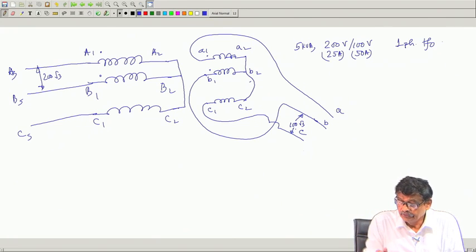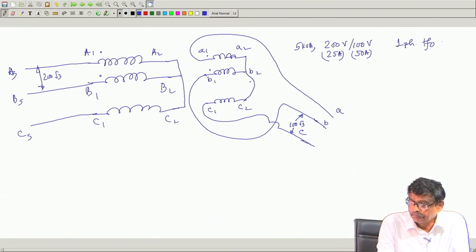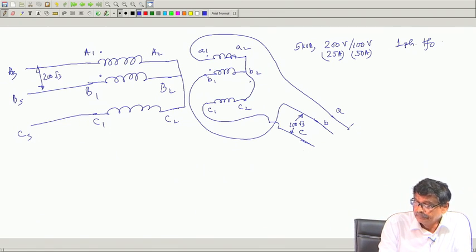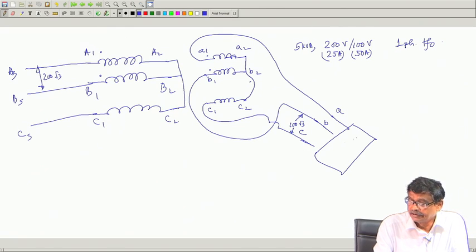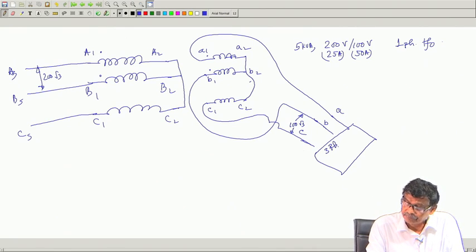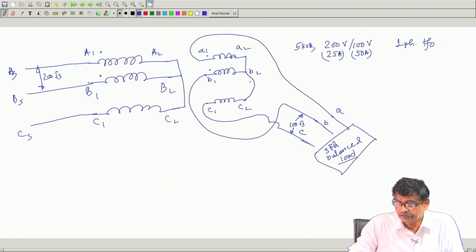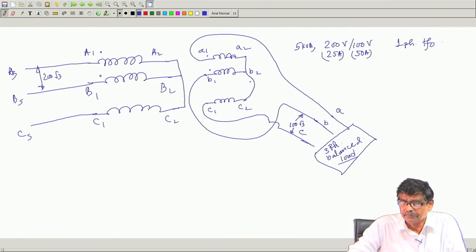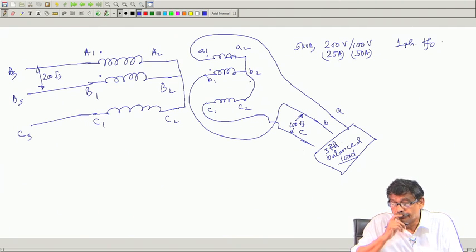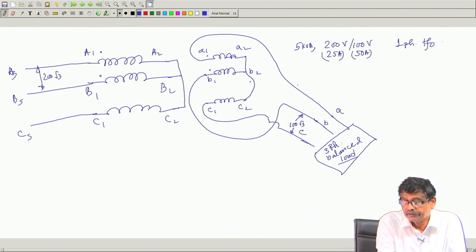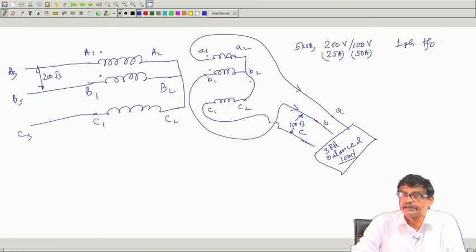Repeating this means, now the question is, to this supply I will connect a balanced 3 phase load. Here I will connect a 3 phase balanced load. If you connect a balanced 3 phase load, which may be star or delta connected, I do not mind, but the only restriction I will put is: what is the maximum line current on the secondary side.